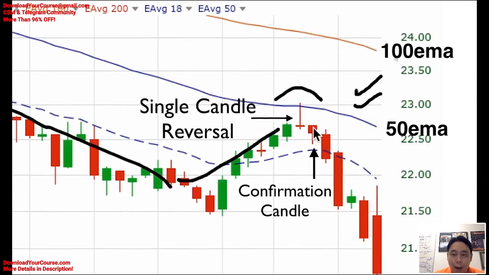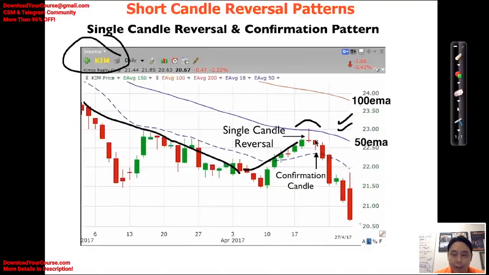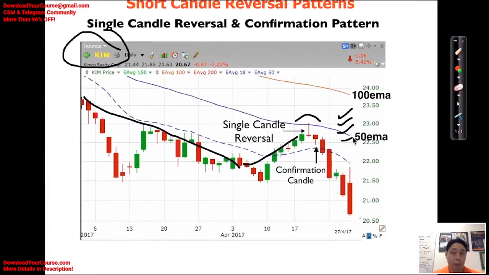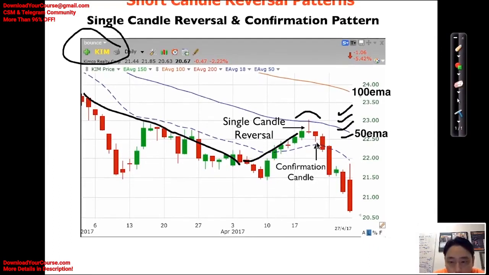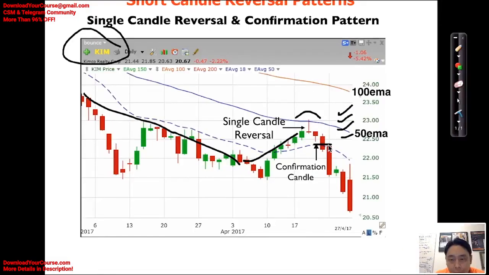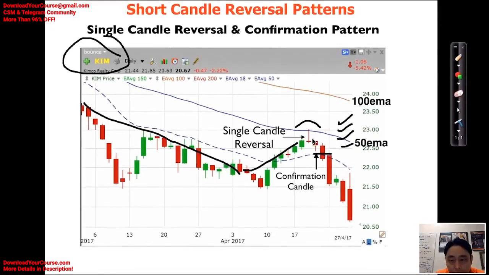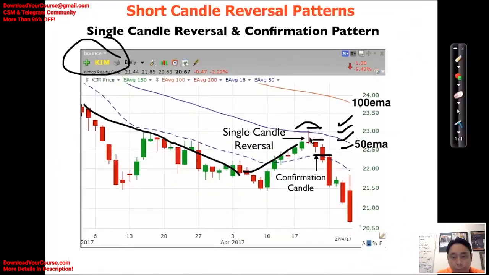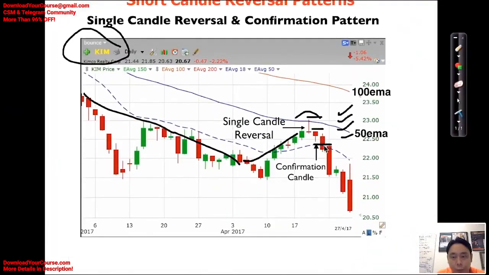Does it make a lower high than the high of this candle? Yes, check. Does it close below the low of this candle? Yes, check. There we go, confirmed. So we can put a sell order just below the low of this candle and a stop loss at either the high of the confirmation candle or the high of the reversal candle. The next day the price goes below the low, triggers the sell order, and we are in the trade going down, making money, hitting our target profit.